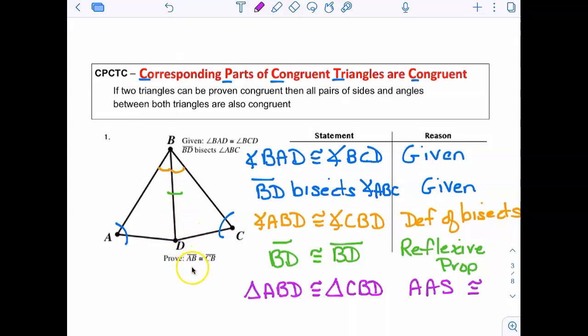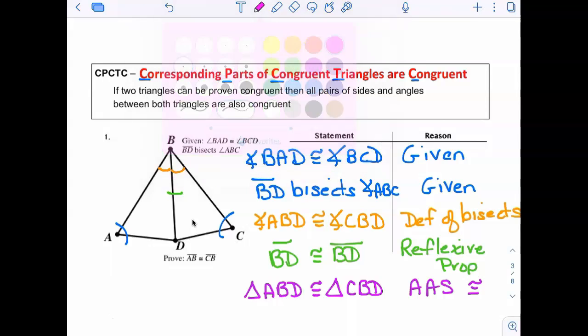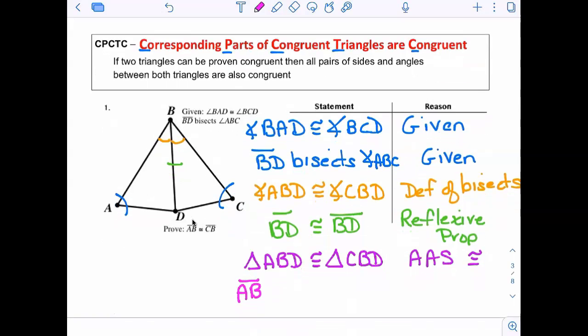And then we're trying to prove that side AB is congruent to side CB. Okay, so now that I've proven that these two triangles are congruent, I can state that the corresponding sides are congruent. So now I can state that segment AB is congruent to segment CB, and that would be corresponding parts of congruent triangles are congruent. Okay, so that's problem number 1.